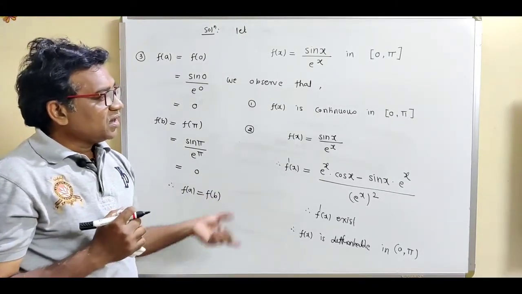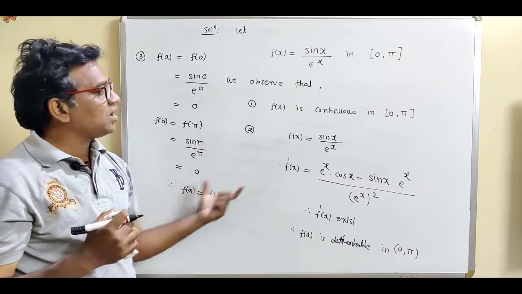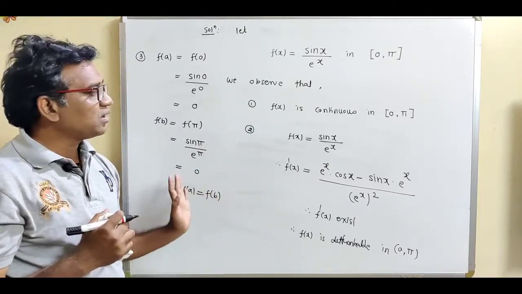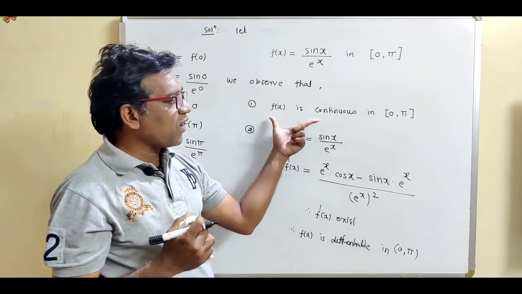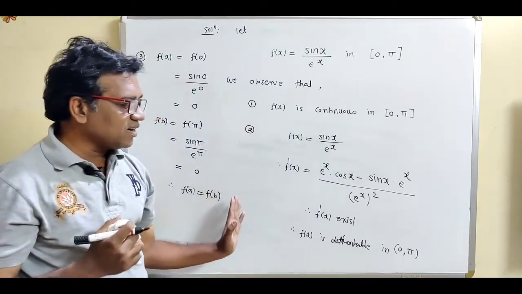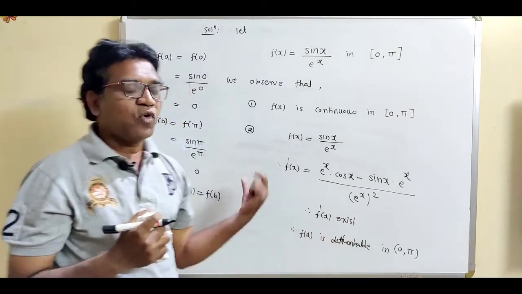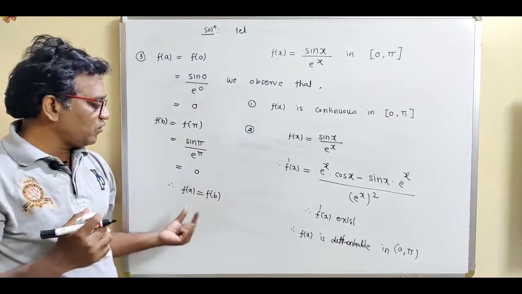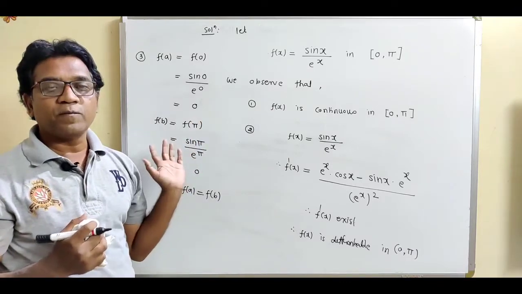See, these are the necessary conditions for Rolle's theorem. What is the first condition? It is about whether the function is continuous in the given closed interval. What is the second condition? It is about being differentiable in the open interval. And what is the third condition? The functional values f of a and f of b are equal at the end points.